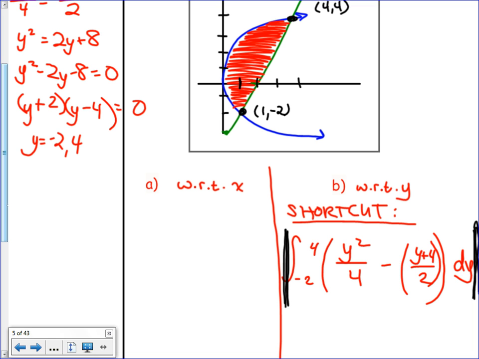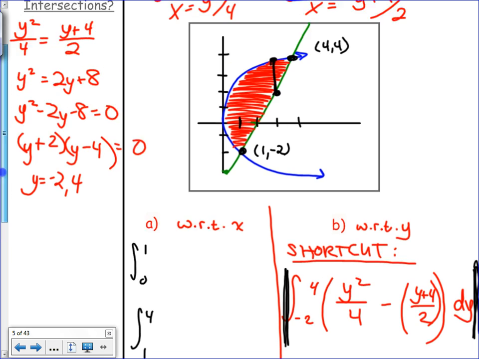I actually purposely chose the wrong one to say even if you did it the wrong way, absolute value will fix it. With respect to x, I would have to split up my integral from 0 to 1 and from 1 to 4. Because if you look, top and bottom here, blue and green. Green we already know is y equals 2x minus 4.